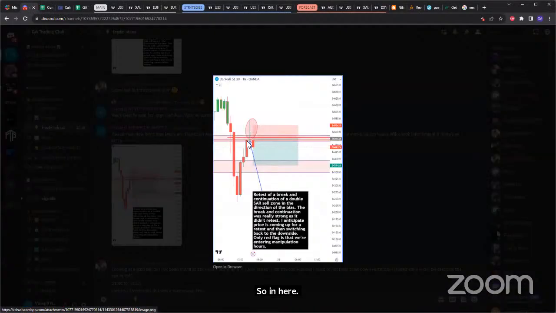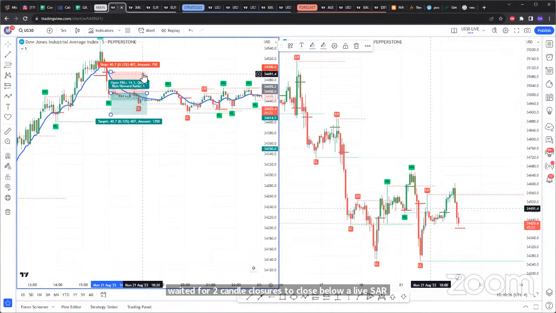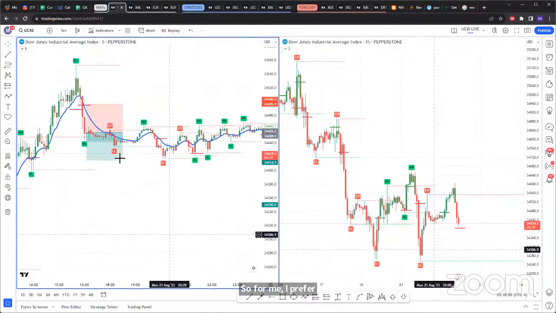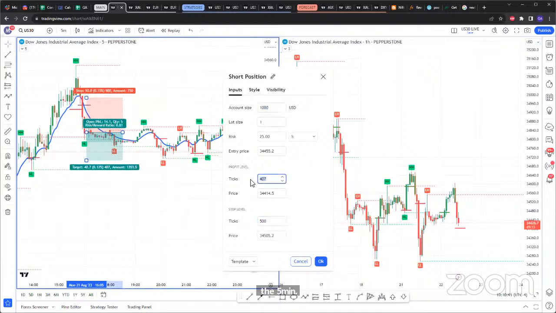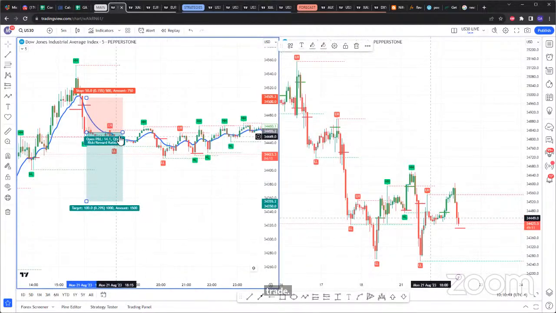When price got to here, you would have dropped down to the 5 or 15 minute time frame and waited for 2 candle closures below a live SAR. I prefer live. I don't like extending lines, especially on the 5 minute, because you'll just get a lot of wicks. If I was trading this trade, I didn't take it because it came during manipulation hours.